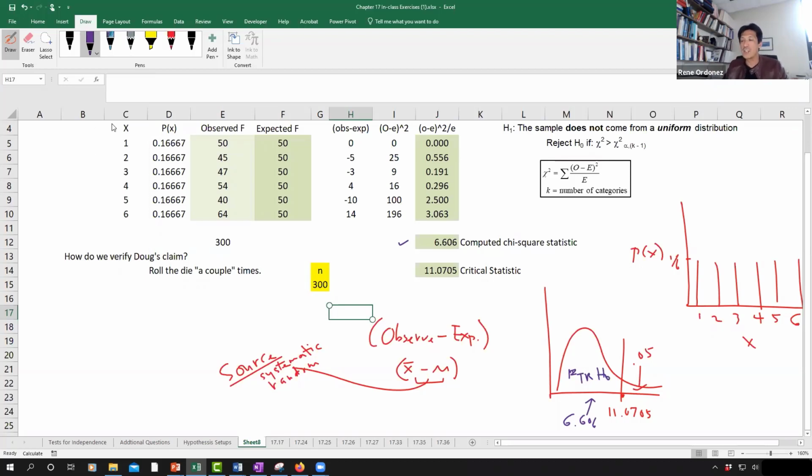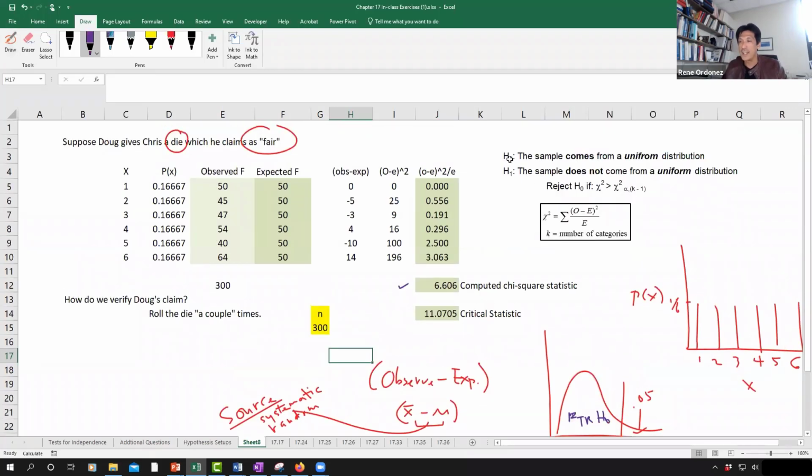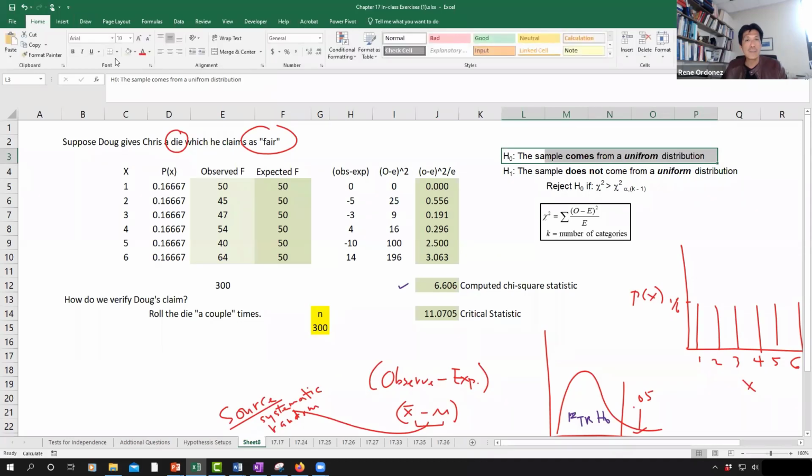And by failing to reject H0, the null hypothesis, we're concluding that the sample, meaning this number here, comes from a uniform distribution.